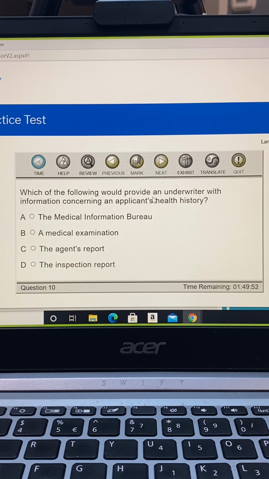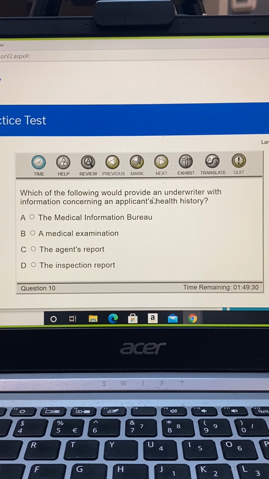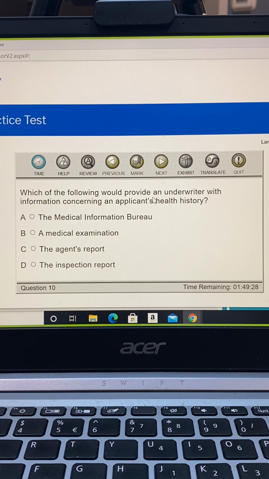Which of the following would provide an underwriter with information concerning an applicant's health history? Is that the inspection report? No. The inspection report gets other stuff like driving history, criminal record, that kind of stuff.